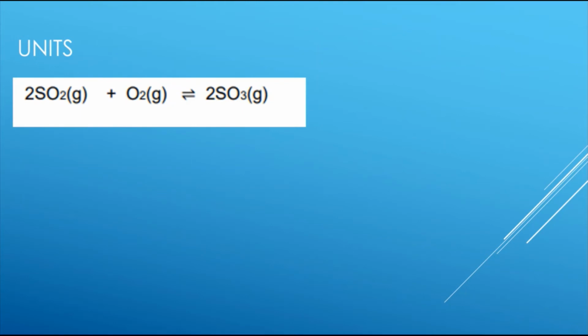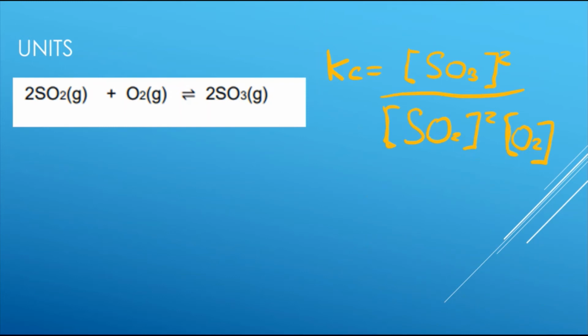All right, so the units. If we have this reaction, we can also be asked to work out the units for the Kc. What we start off by is we just write the Kc equation. For this reaction, it's Kc equals SO3 squared, because there are 2 moles of SO3, over SO2 again squared, because there are 2 moles of SO2, and O2 has only 1 mole, so we don't need any powers on that.